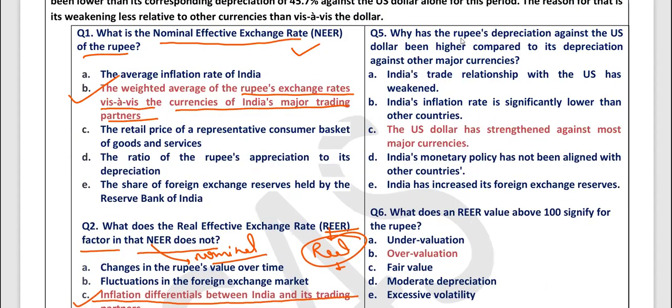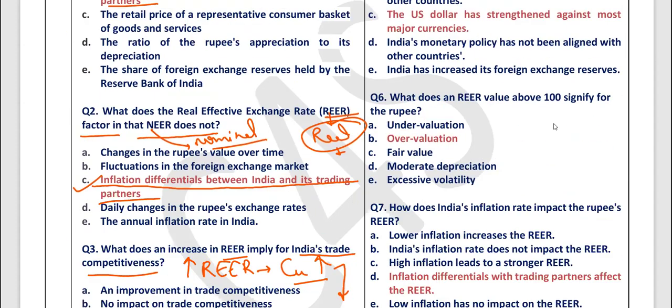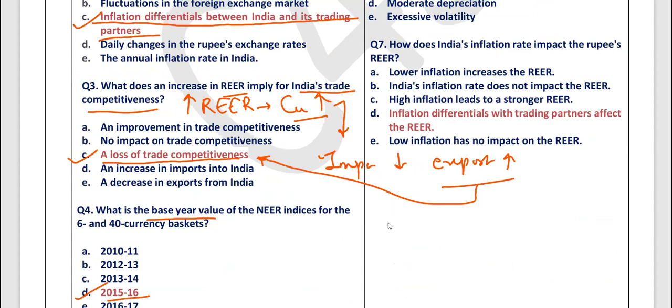Next question we had was, why has the rupee's depreciation against US dollar been higher compared to its depreciation against other major currencies? What this question means is actually the rupee has depreciated against US dollar.